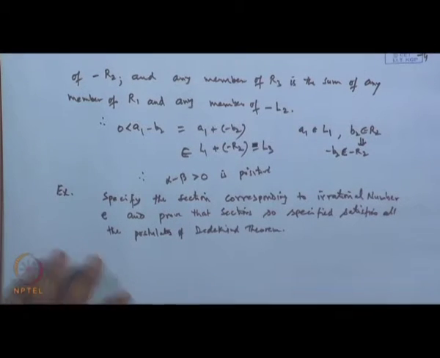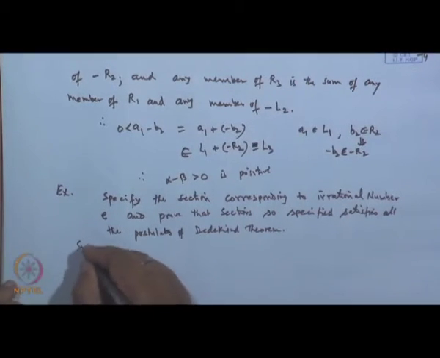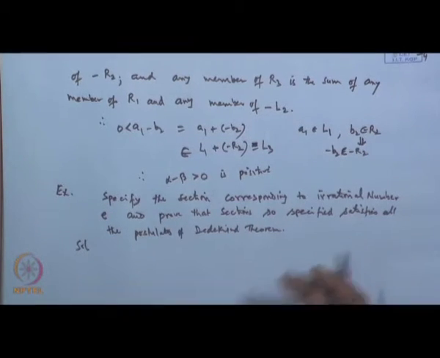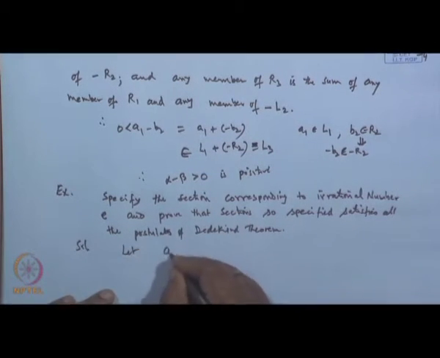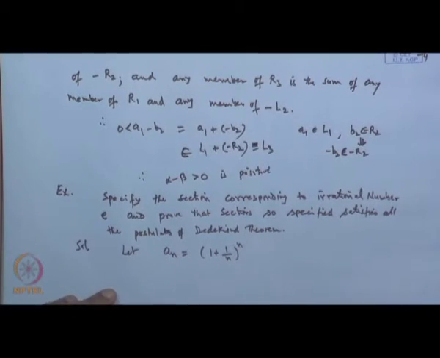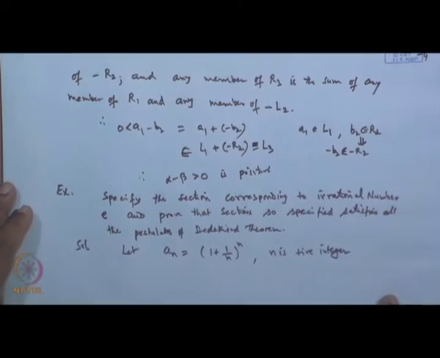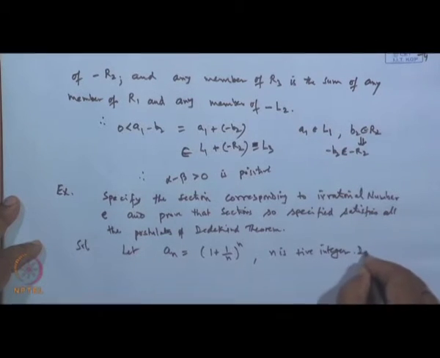What is E? If you remember, E is the limiting value of 1 plus 1 by n to the power n. This is the E, is it not? But here we cannot take the limit because we want it in terms of the sections. So, let us say a n is 1 plus 1 by n to the power n, where n is a positive integer. Okay. Now, let us define the classes as follows.